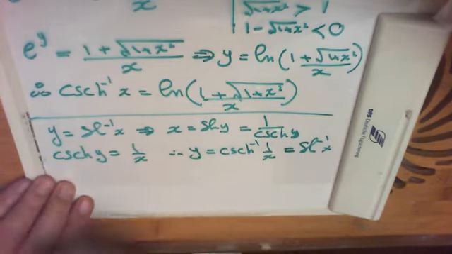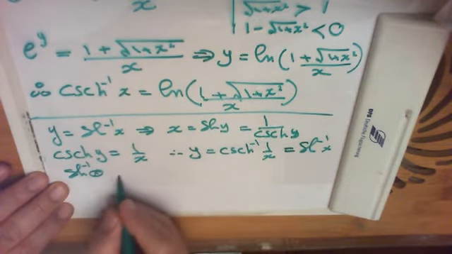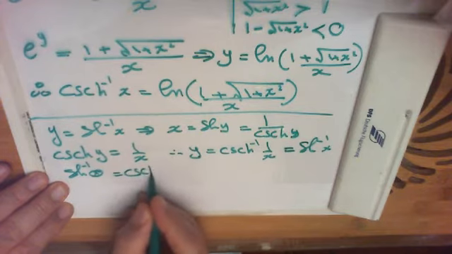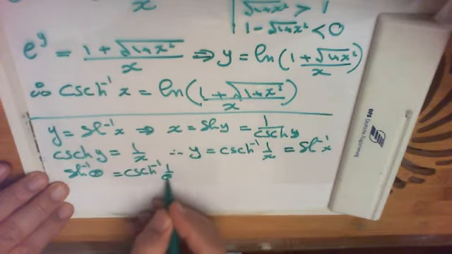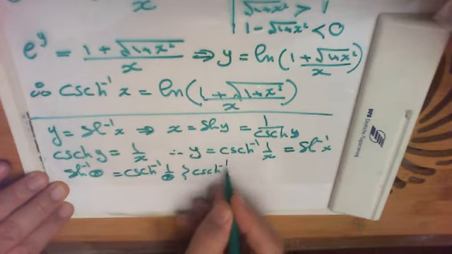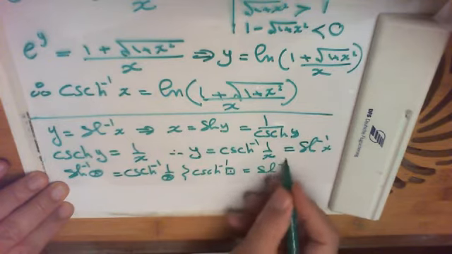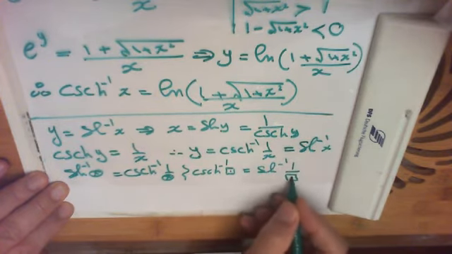Generally, sinh minus 1 of any quantity means cosech minus 1 of 1 over that quantity, or cosech minus 1 of any quantity equals sinh minus 1 of 1 over that quantity.